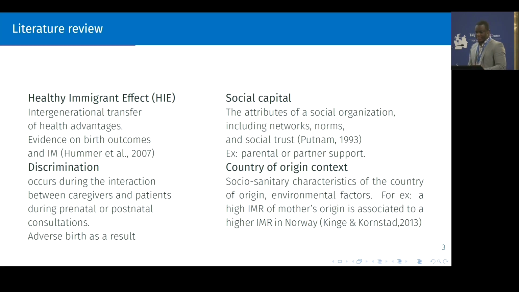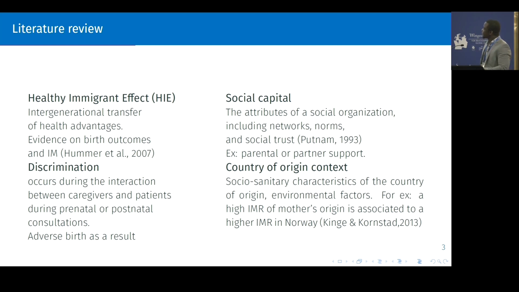There is some evidence on birth outcome and infant mortality in the US. About social capital, this means the attribute of social organization, including network norm and social trust. For example, we can note parental or partner support as a social capital.